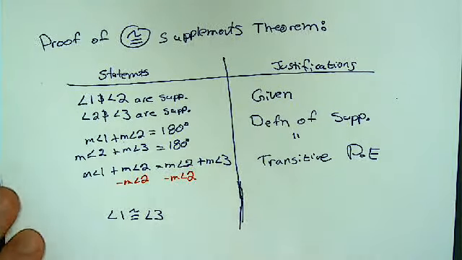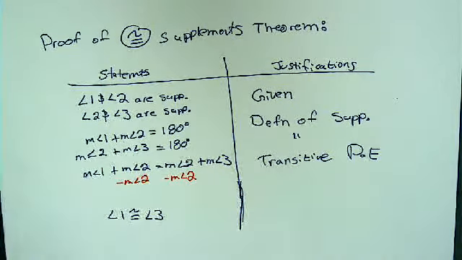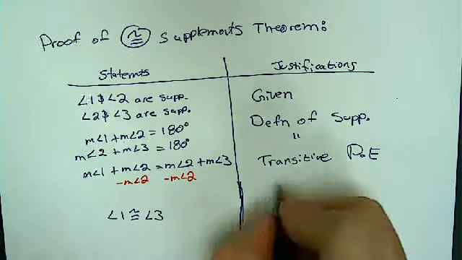So, it has a long name. What's the whole name? Subtraction property of equality.